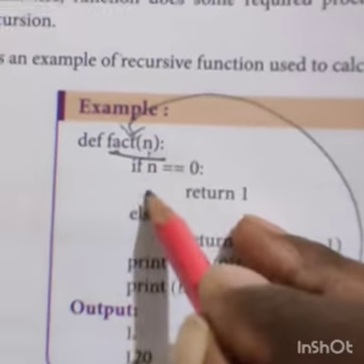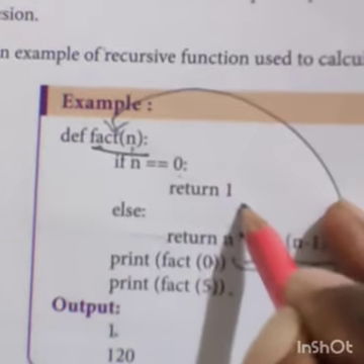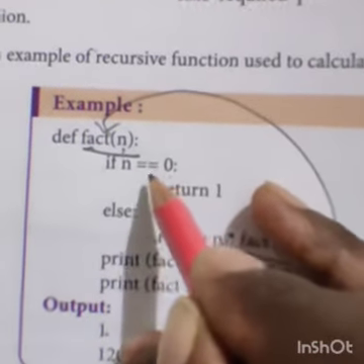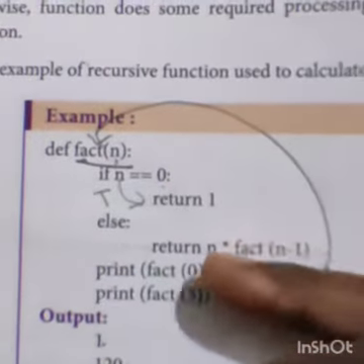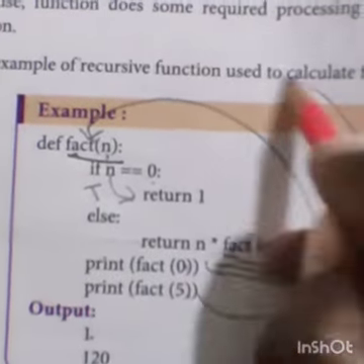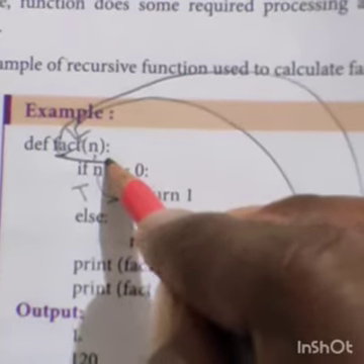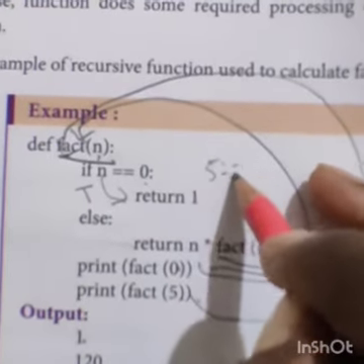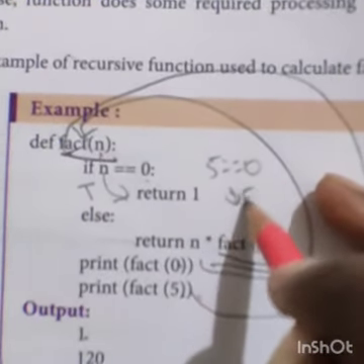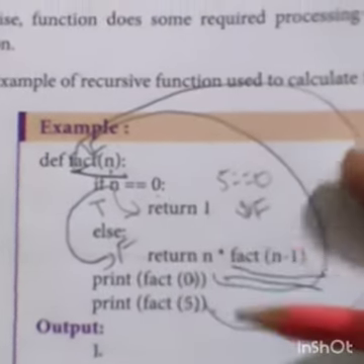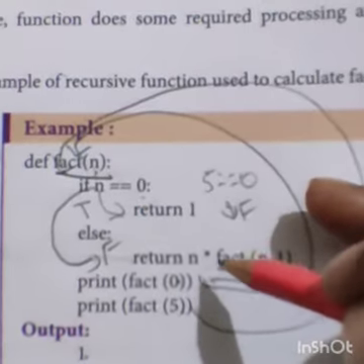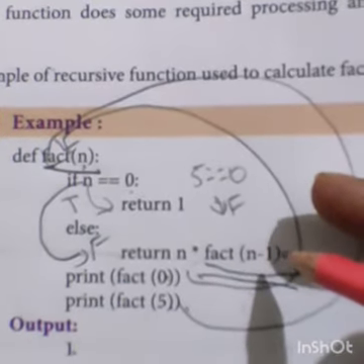Passing 0: is 0 equal to 0? The condition is true, so this part executes. Next, 5: n is equal to 5, and is 5 equal to 0? The condition is false, so it goes to the else part. The else part returns n asterisk fact of n minus 1.